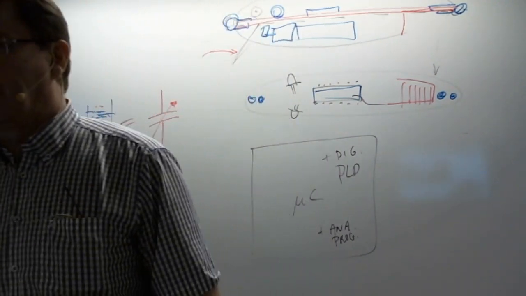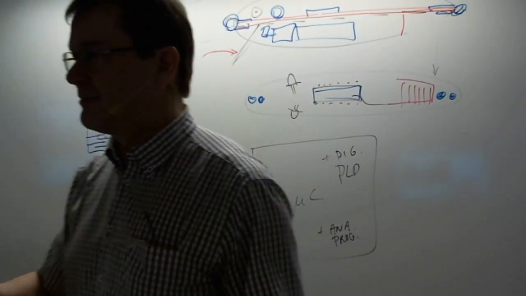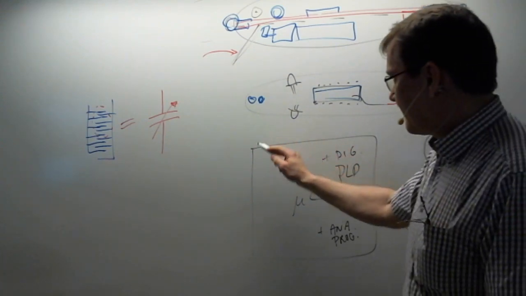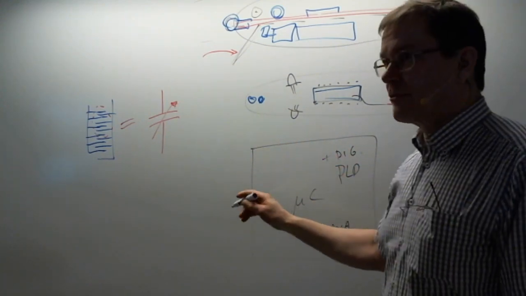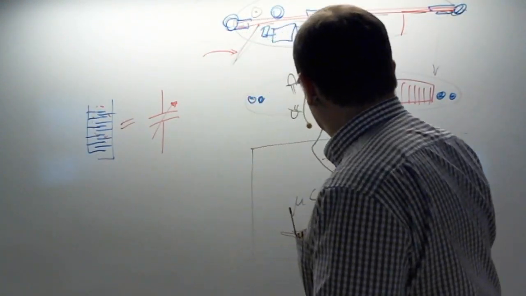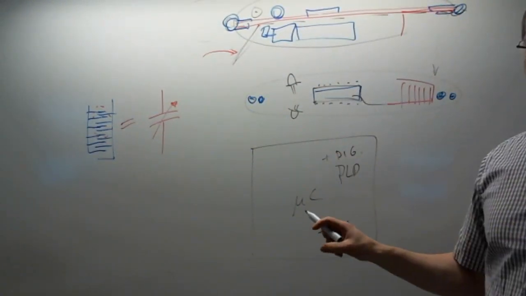Both analog and digital blocks can be combined so that instead of just one single microcontroller with peripherals outside, you have everything already inside.